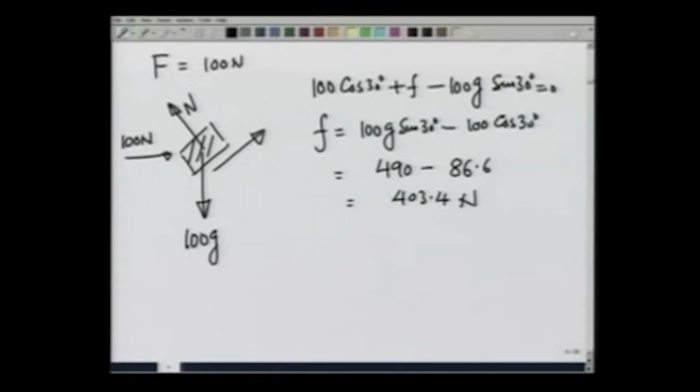So, the force that I require to keep the block in equilibrium is 403.4 newtons.